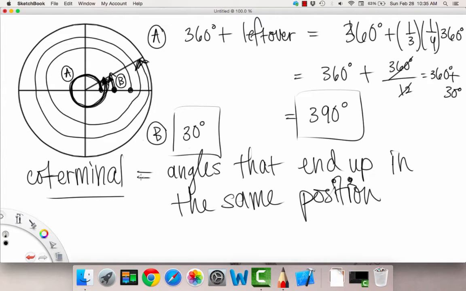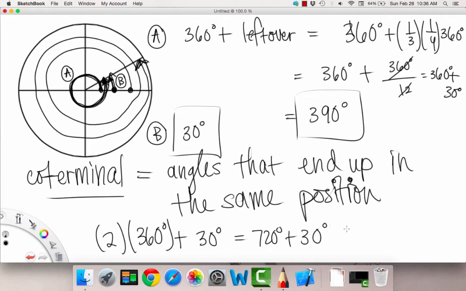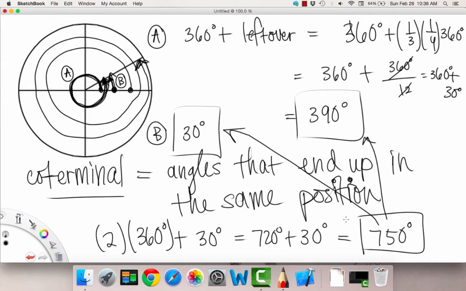So we went 2 times around a full circle, that's 2 times our normal 360 plus whatever was left over. We already determined that leftover piece is just 30 degrees. So we have 720 plus 30, and that gives us 750.